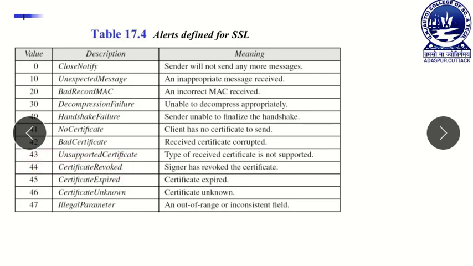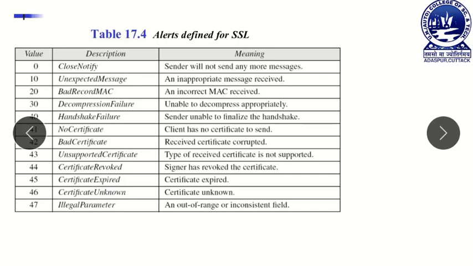Then next, 45, that is the certificate expired, which means when a sender sends a certificate to the receiver but that certificate is expired, at that time this alert message is displayed. Then next, 46, that is certificate unknown, which means if there is a certificate used by the sender or receiver but that certificate is unknown, at that time this alert message is displayed.